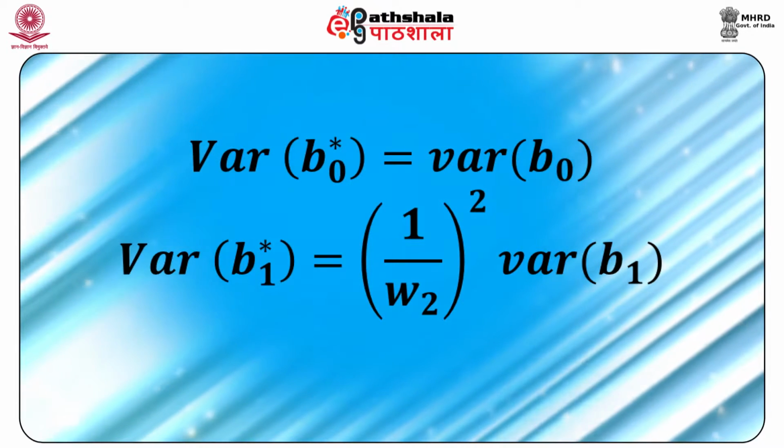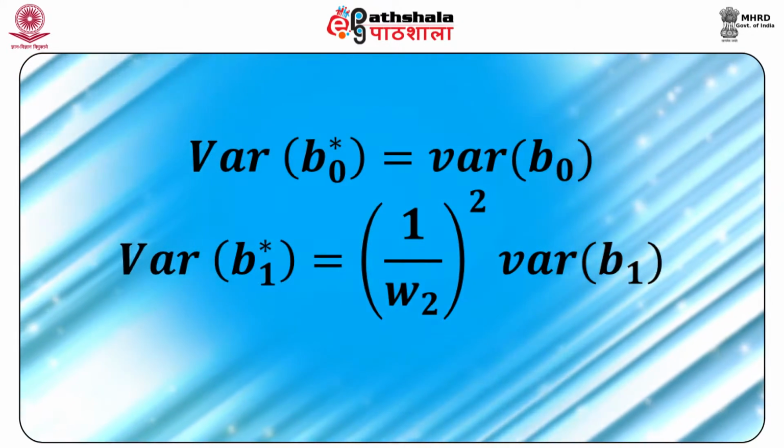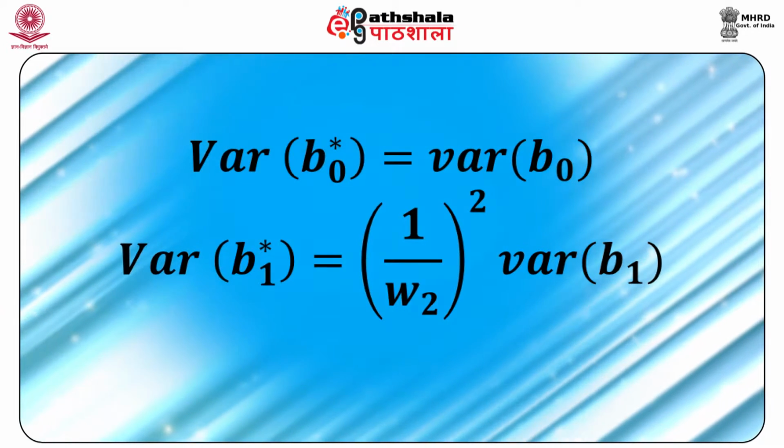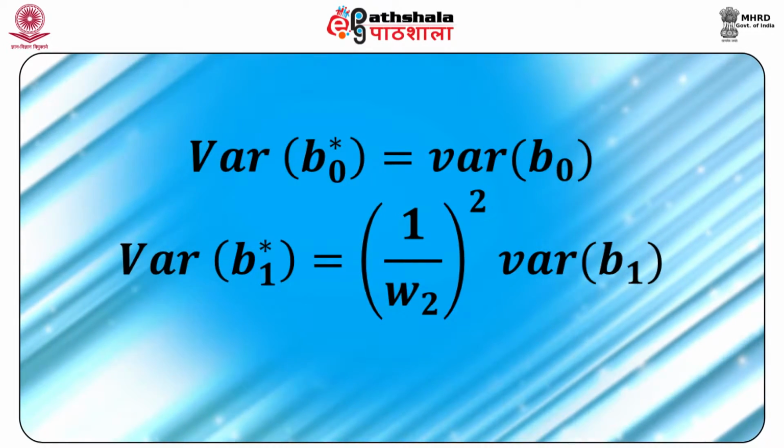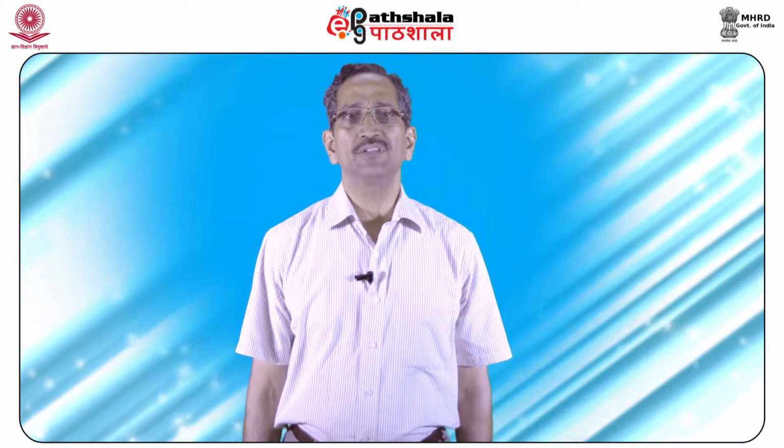So, variance of b0 star is equal to variance of b0 and variance of b1 star is equal to (1 upon W2) whole square into variance of b1. It means that the slope and its standard error are multiplied by 1 upon W2, but the intercept and its standard error are unaffected.